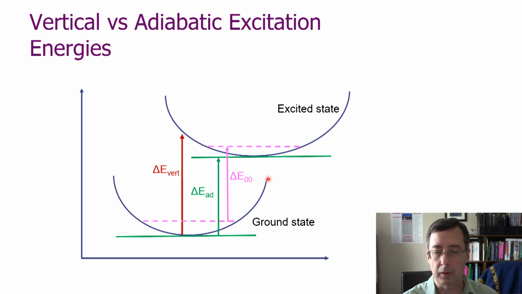And you could imagine if I excite into the excited state and then it has an opportunity to maybe collide with other molecules and shed some of that excess vibrational energy, it might settle down into the 0-point vibrational level of the excited state. And so then this quantity might be relevant. Again, to compute that one, I would also need to know what the excited state geometry optimum was.